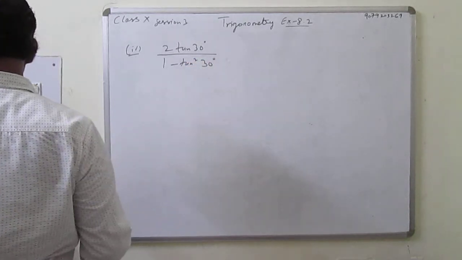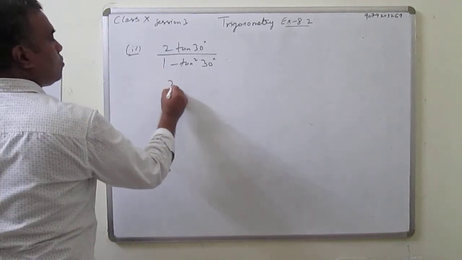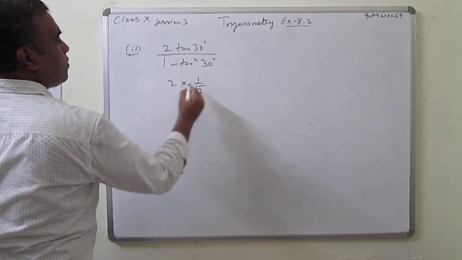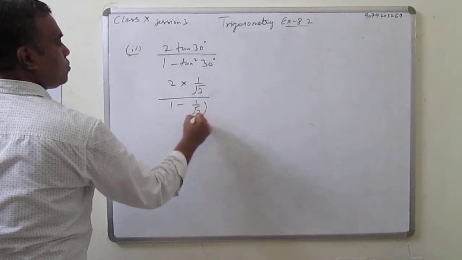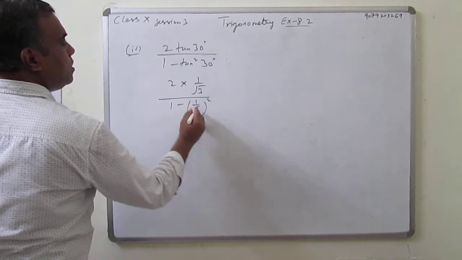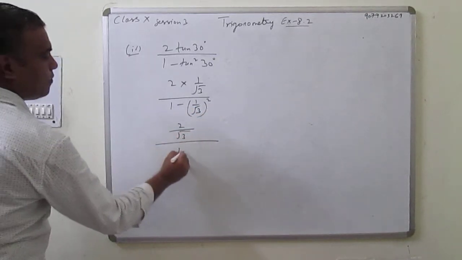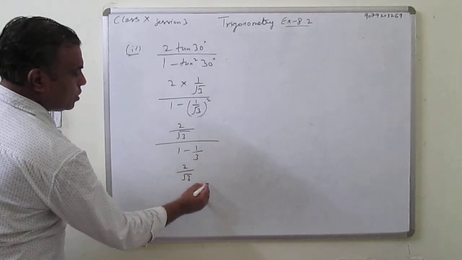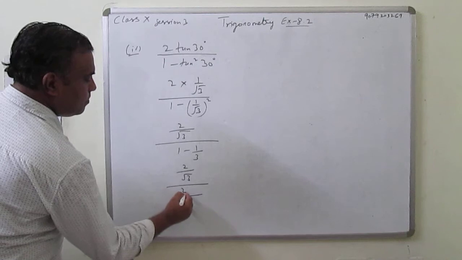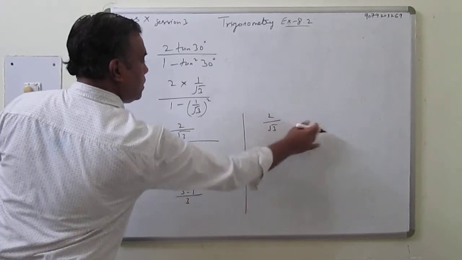Now putting the values, tan 30 is 1 by root 3. Now 1 minus 1 upon root 3 whole square. So 2 upon root 3 over 1 minus 1 by 3. So 2 upon root 3, 3 is the LCM, 3 minus 1. This will come out 2 upon root 3 over 2 upon 3.